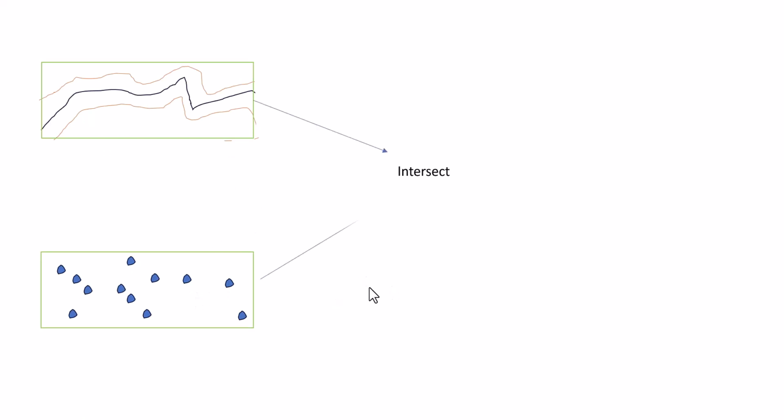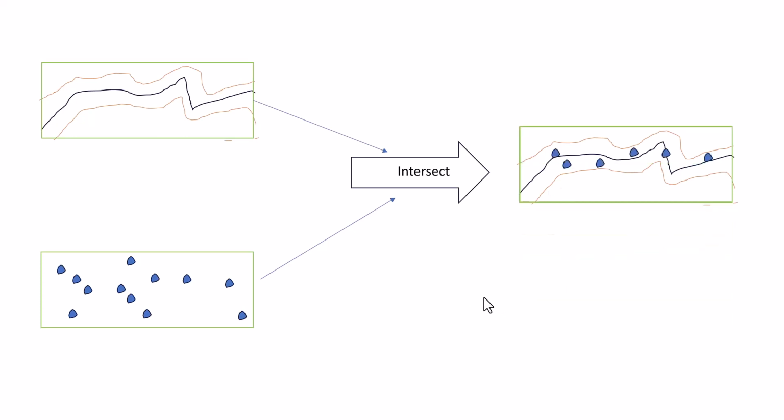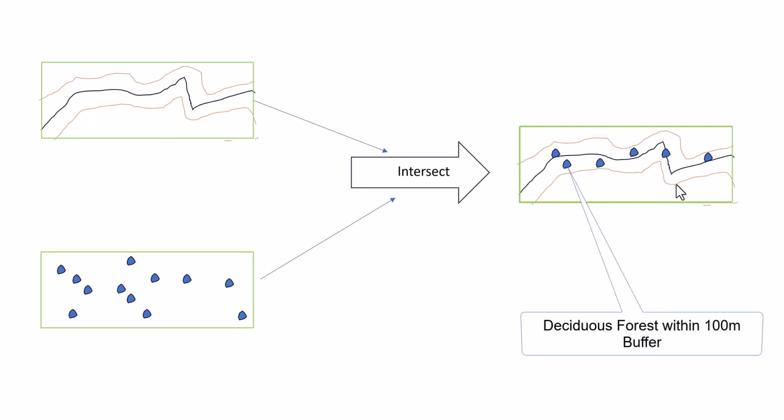We input both into the intersect tool, which will generate for us a deciduous forest within a 100-meter buffer of all the road network within the study area. So this brings the environmental context with the spatial relationship to the major road network in the study area.